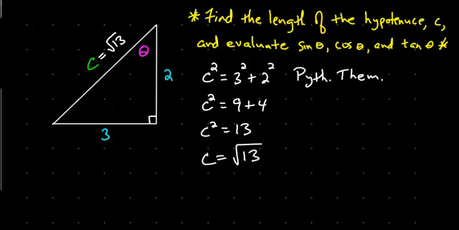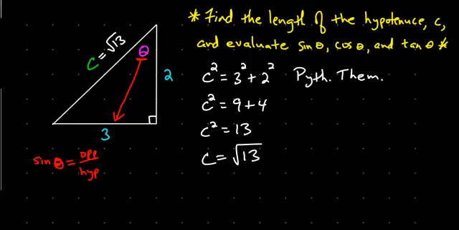Isn't that nice? Let's find sine theta. Sine theta is going to be opposite over hypotenuse. Now you've got to be careful here. What is the opposite of this angle theta? Well, the opposite is the thing directly opposite of it.